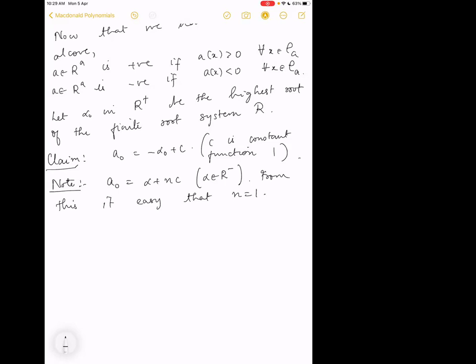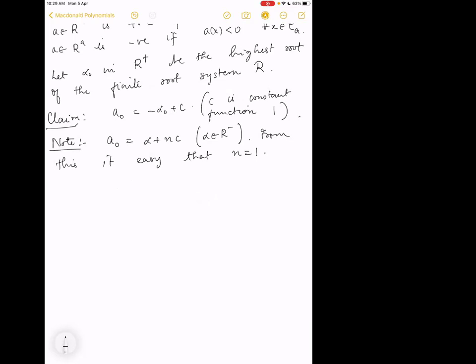Whatever the simplex is, which includes all the finite simple roots and alpha plus nC, it will already include alpha plus C as one of its bounding hyperplanes. So from there you can see that n is 1.